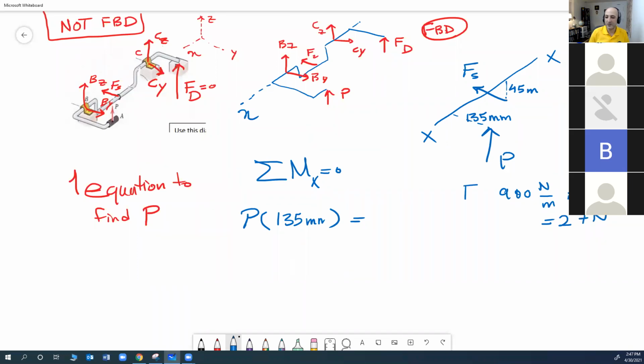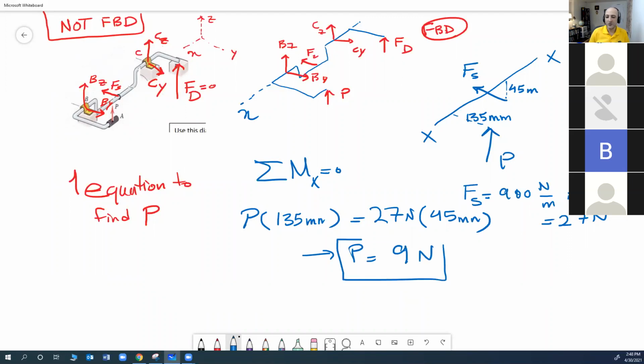This is all given. It's going to be 27 Newtons times 45 mm. And you can find P of 9 Newtons. Again, this is a force that will result in FD being 0, or that release of the clamp.